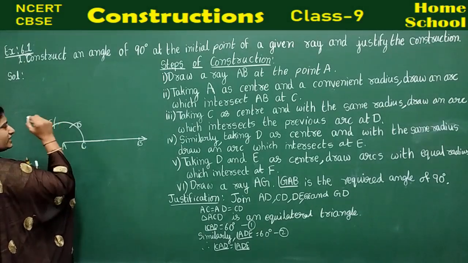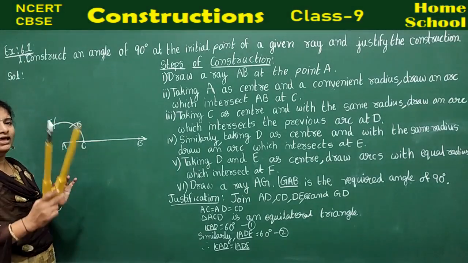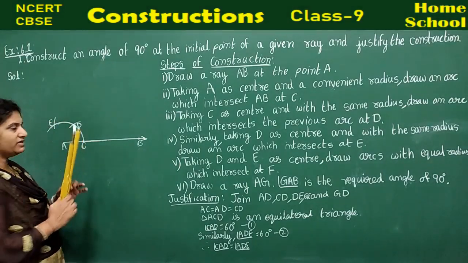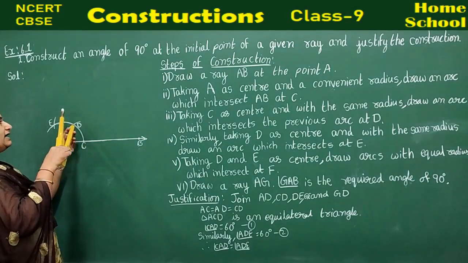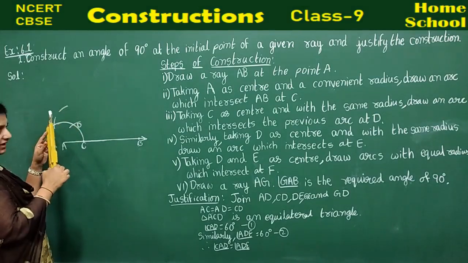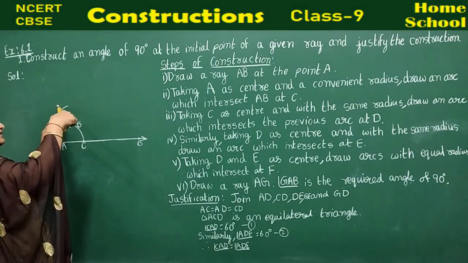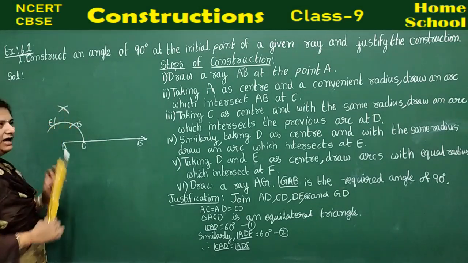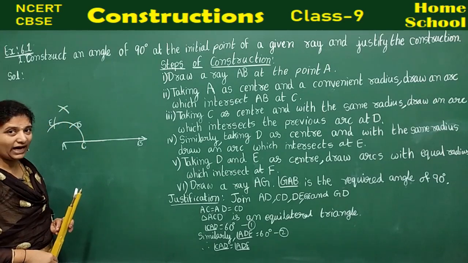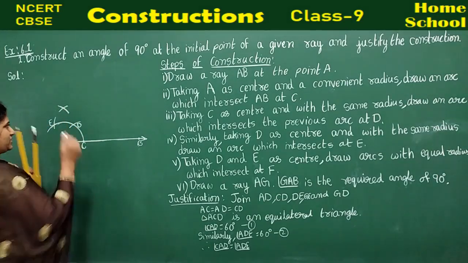Let's mark this intersecting point as E. Now, with your same radius, from D and E as centers. D as a center, I have drawn an arc. Now, with E as a center, cut the arc. What did I do? Let me join and then repeat the steps.